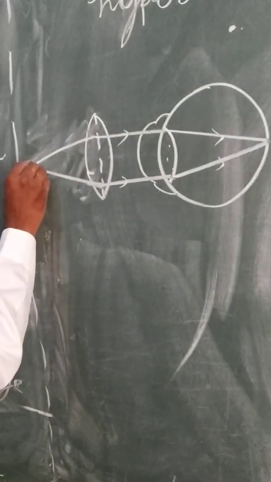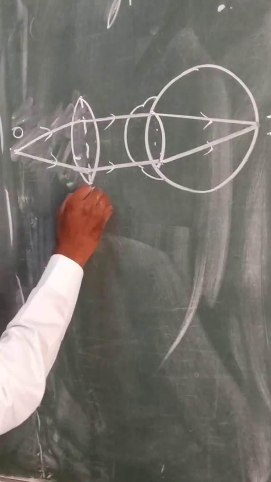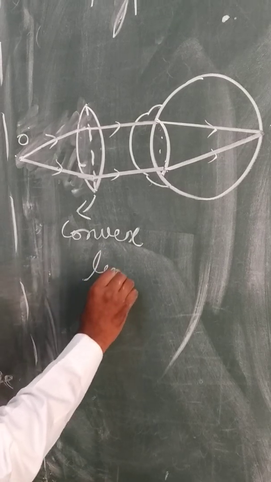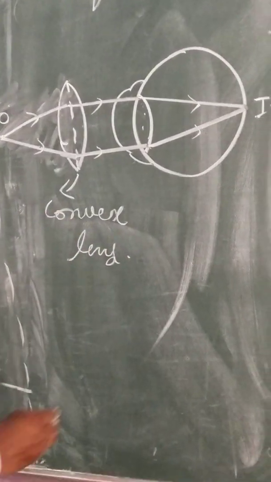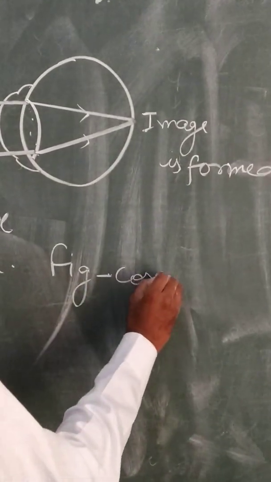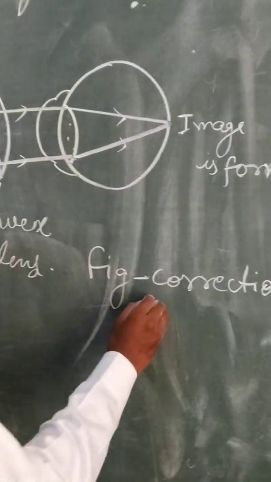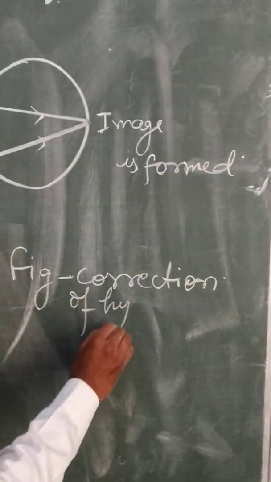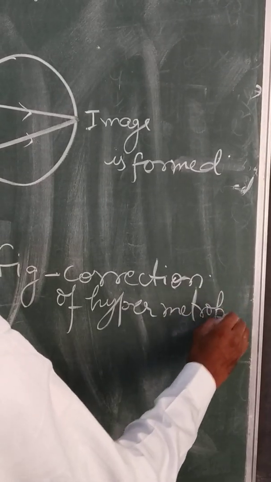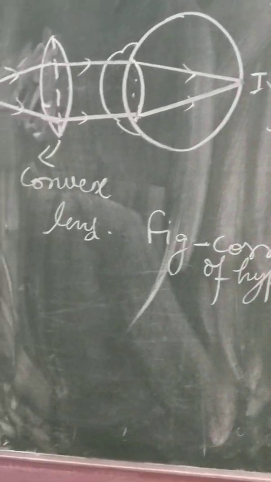So in this figure, this is the object and the convex lens. This figure shows the correction of hypermetropia. That is the end of this class.